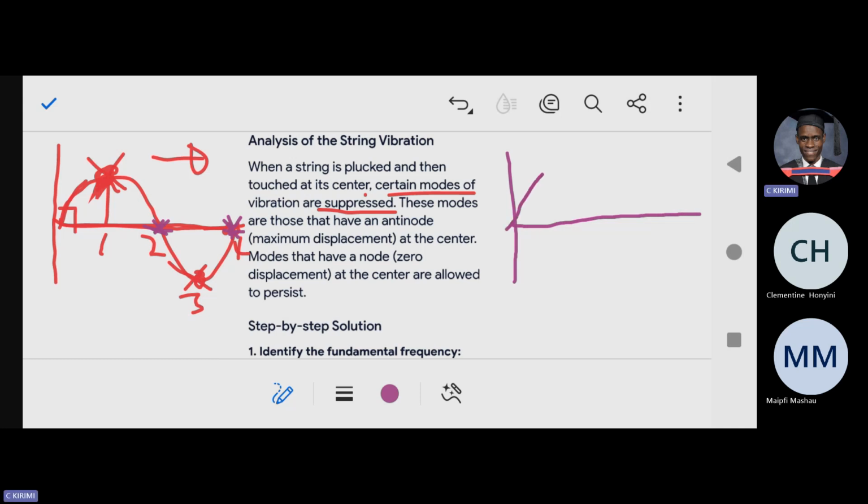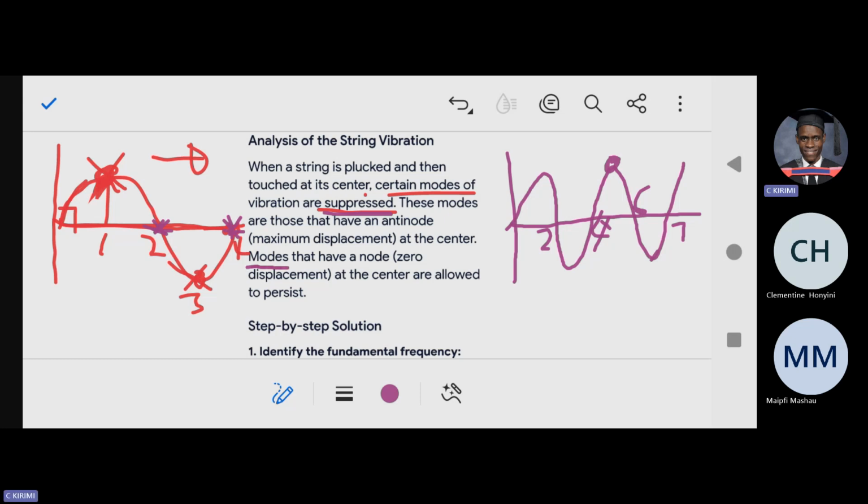So if we go to 2, the wave will be like that. So this point is 2, 3, and then this will be 4, 5, which is an antinode here. Then the next one will be 6. 7 is an antinode, and then the node will be 7. So all antinodes are suppressed from the definition here.